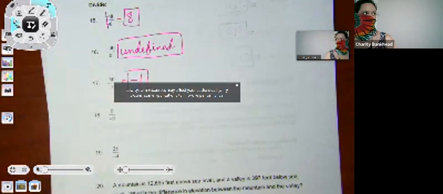Number 17, 50 divided by negative 50. A positive divided by a negative is going to be a negative answer, and 50 divided by 50 is 1. So that answer is negative 1. And number 18, 0 divided by anything is always 0.